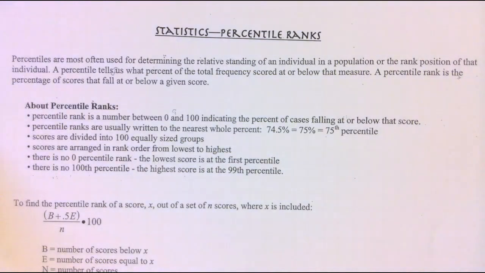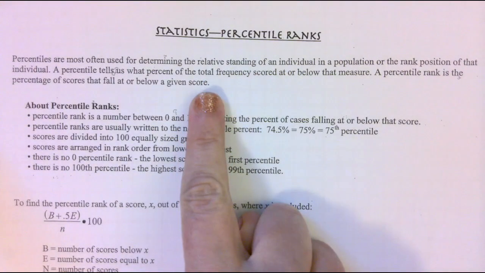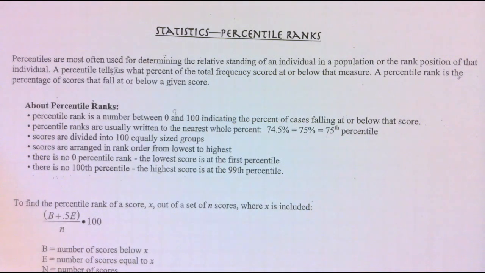So a percentile rank is the percentage of scores that fall at or below a given score. Let's say that you earn a score on the SAT that puts you in the 80th percentile. That means that 80% of students who took the same SAT as you earned a score at or below your score. You outperformed about 80% of your peers.